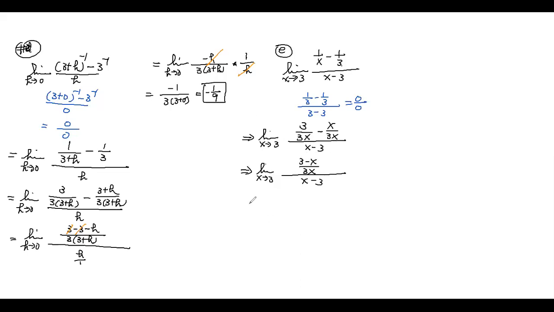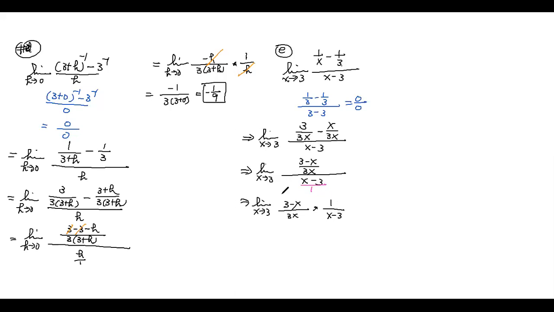Now I will simplify it. So this is 3 minus x over 3x, and this one is really like x minus 3 over 1, so I can flip that one. So it's 1 over x minus 3.